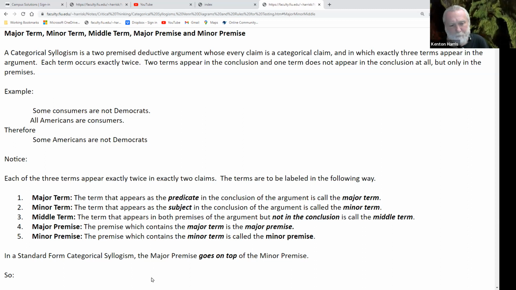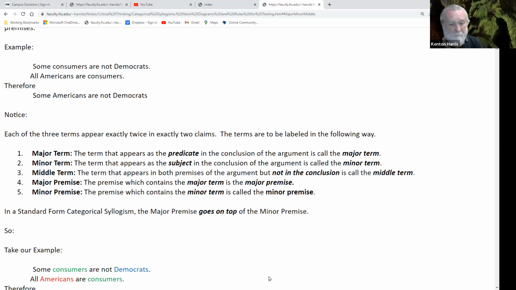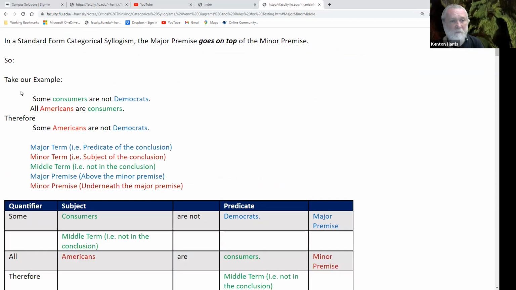All right. Now, once you identify what the major term is and what the minor term is, you can then go on to determine what the major premise is and the minor premise is. As you might imagine, the major premise is whichever premise contains the major term, and the minor premise is whichever premise contains the minor term. Basically, it's the same idea. Consumers is the middle term; it doesn't appear in the conclusion.